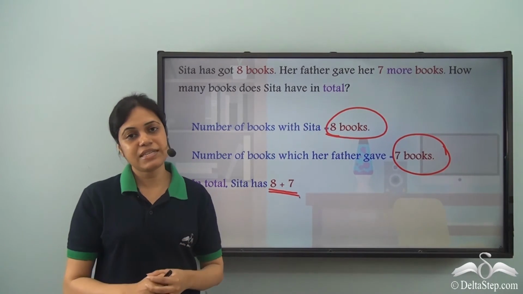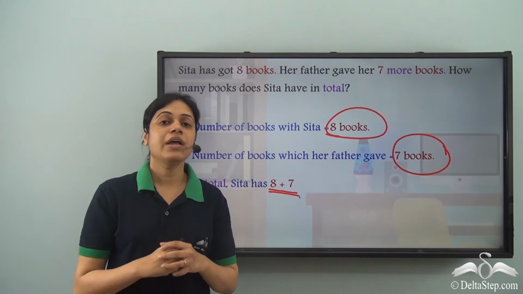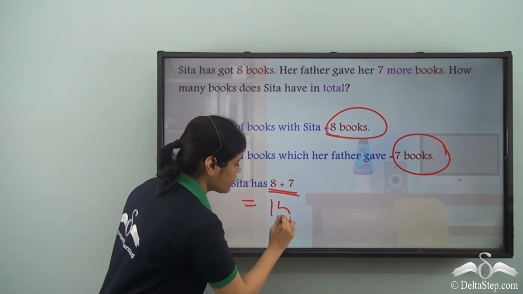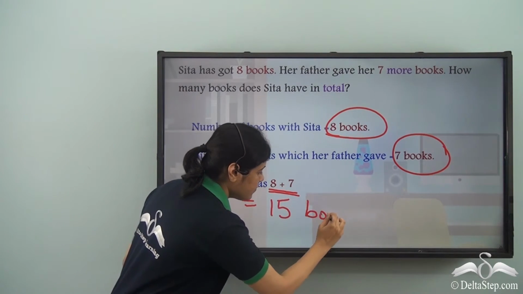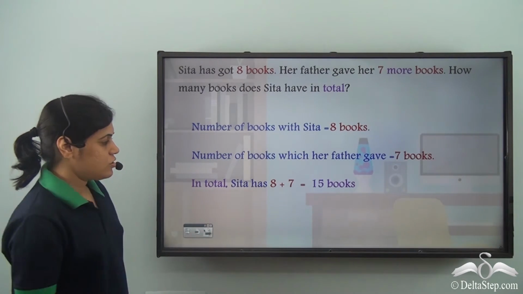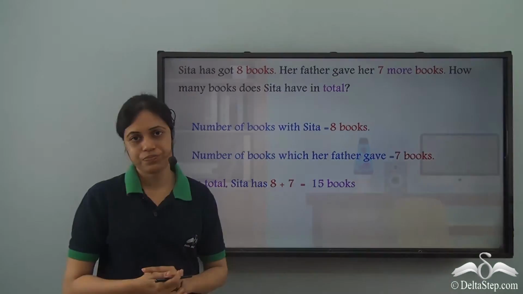What is 8 plus 7? Can you find out? 8 plus 7 is equal to 15 books. So Sita has 15 books in total.